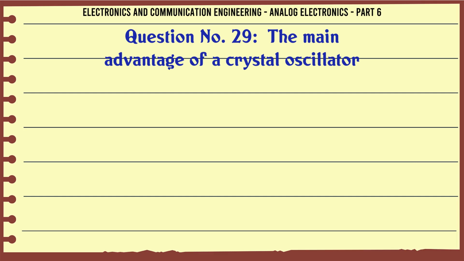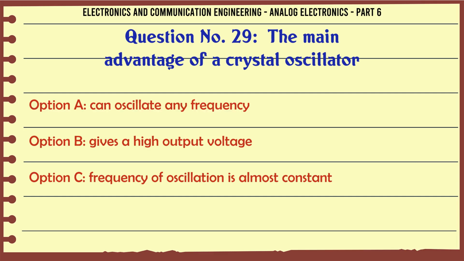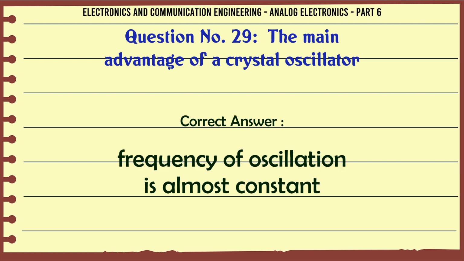The main advantage of a crystal oscillator: A. can oscillate at any frequency, B. gives a high output voltage, C. frequency of oscillation is almost constant, D. can operate at a low DC voltage. The correct answer is frequency of oscillation is almost constant.